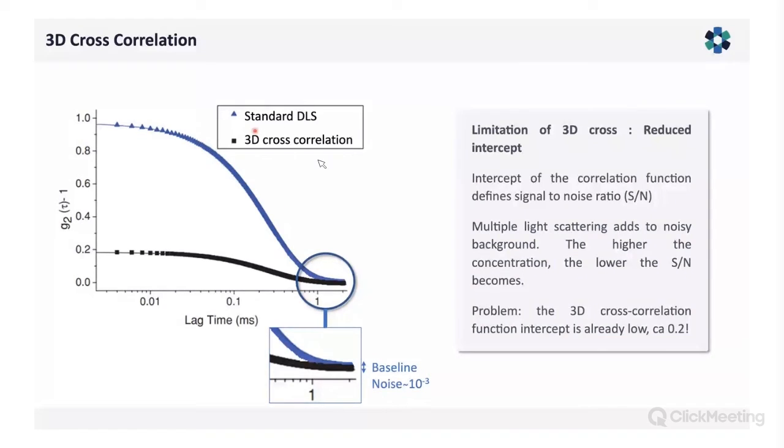However, if you do the true 3D cross-correlation, your signal is suppressed by a factor of 4 due to this combination of wave vectors that I just explained in the in-depth view of the cross-correlation technique. This is unavoidable in the classical implementation of 3D cross-correlation. So the signal to noise is reduced by a factor of 4.